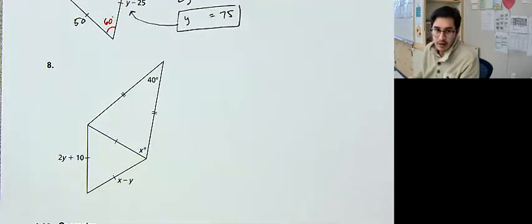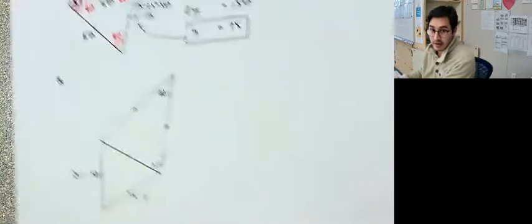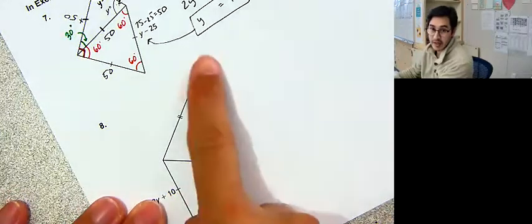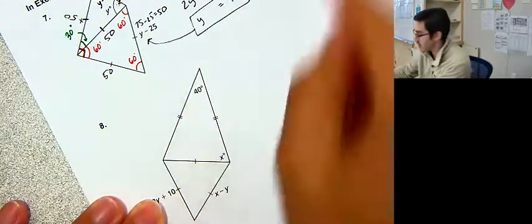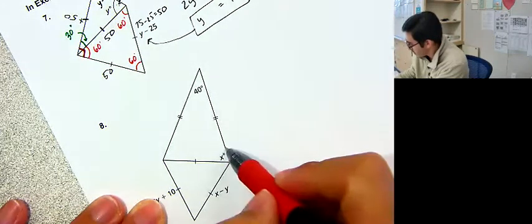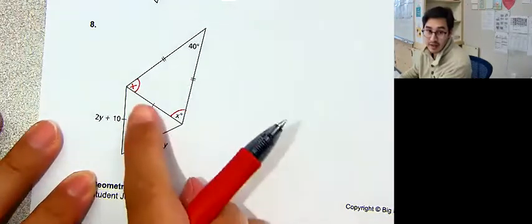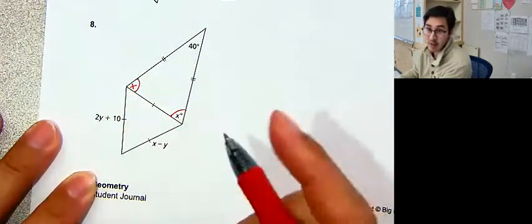Once again, we have two triangles that are fused together. They share a side. This larger triangle is isosceles, right? It has two congruent sides. So we know that it's going to have two congruent angles. Let me just go ahead and call this one x as well. And then the smaller triangle here is equilateral, right?